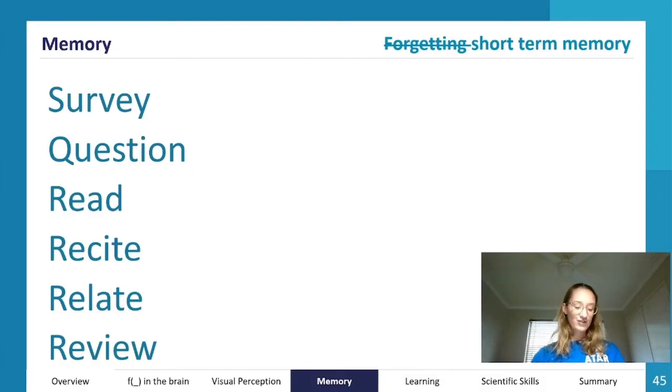So there's lots of different strategies that we can have a look at. But at the moment, we're just going to focus on our SQ4R method, which uses these topic headings to help encode material into your mind, for example, a text chapter or assignment. So for example, if you're reading a chapter of a textbook and it's just in one ear, out the other, we've all been there. Sometimes it is quite a struggle.